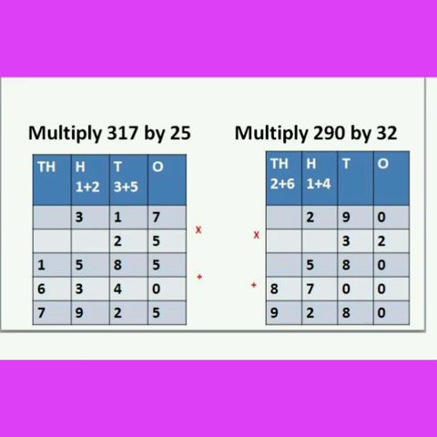When 290 is multiplied by 32, we will get 9280 as the answer.